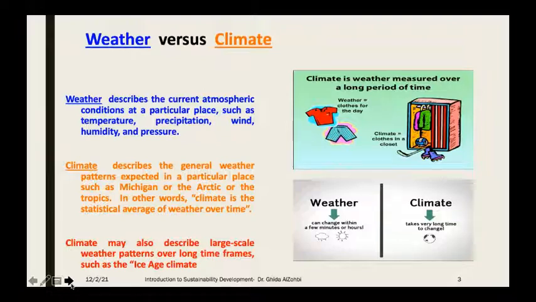So weather describes the current atmospheric conditions at a particular place, such as temperature, precipitation, wind, humidity, and pressure. However, climate describes the general weather patterns expected in a particular place, such as Michigan or the Arctic or the tropics. In other words, climate is a statistical average of weather over time.